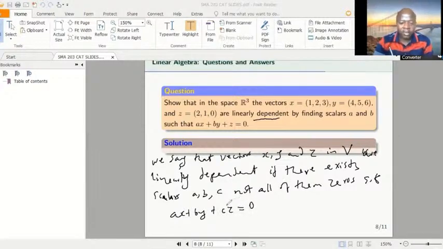This is the definition of linear dependence of vectors, and it's this definition that we want to use to solve this question.